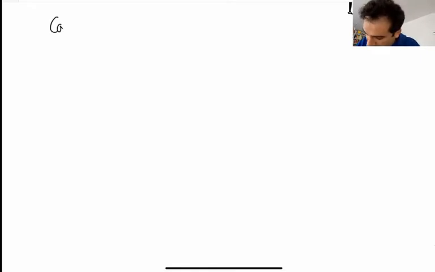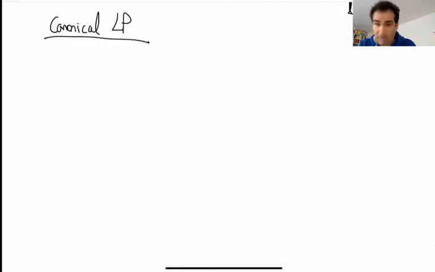This is the canonical linear programming model, and this is going to be important, right? We will see why. The canonical linear programming model is stated as follows.